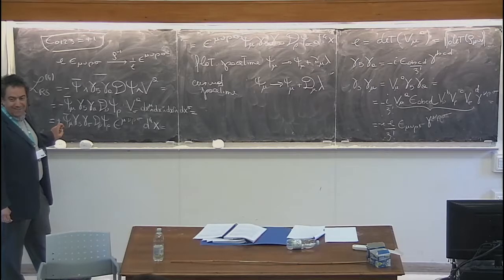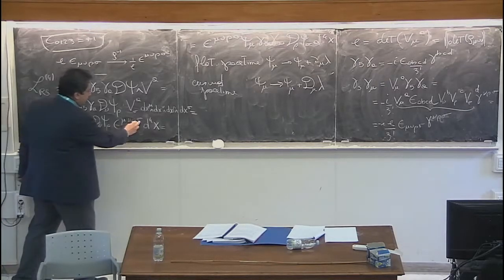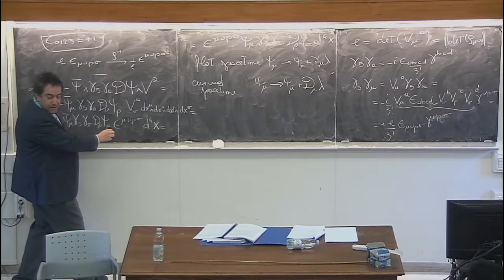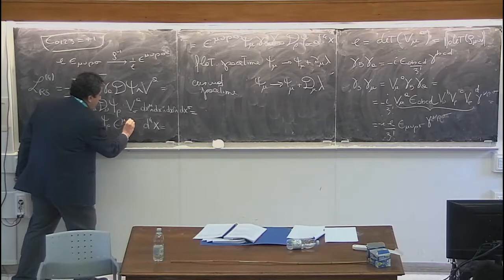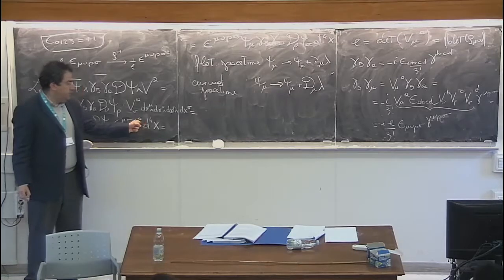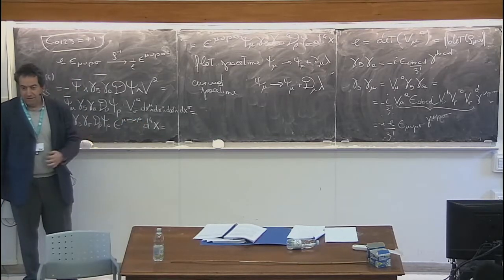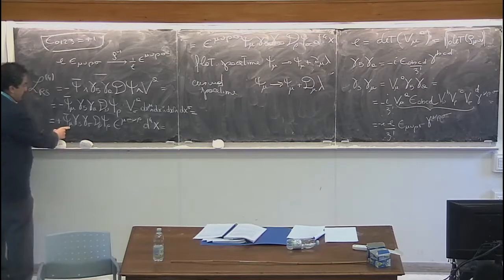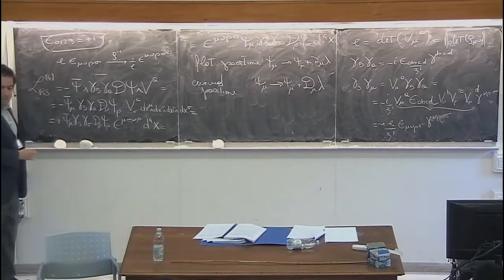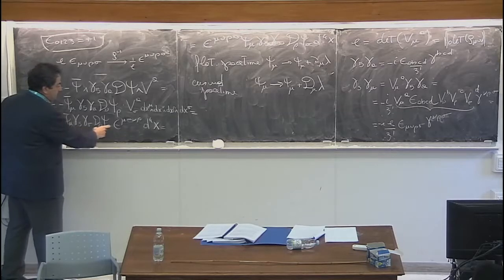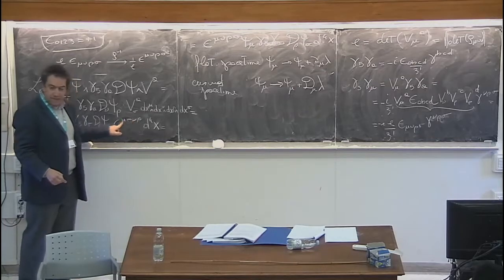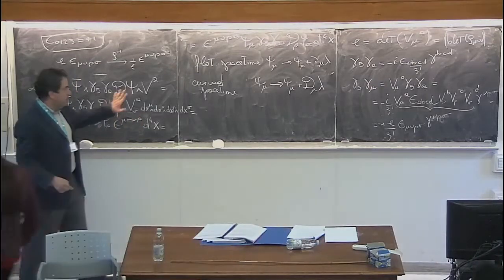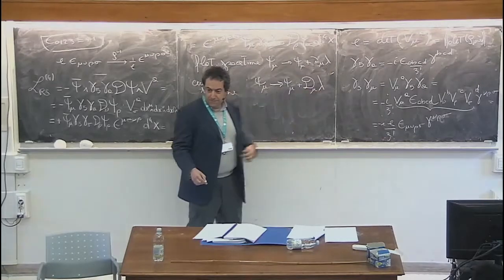No. So let me just take this nu here. If you make two inversions, you get a plus. Now, the first index is contracted with the first index of the epsilon. The index of the gamma is contracted with the second index of the epsilon. The index of D is contracted with this, and the index of psi is contracted. So they are just the same. They're just dummy indices.